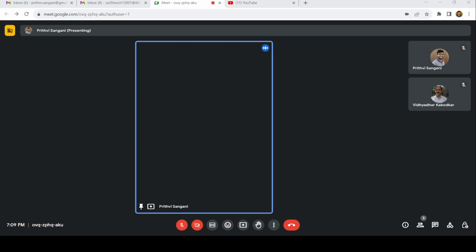Let me start with truss 1. Let me draw it again, neatly. So this is my truss. This is my member, this is 10, 20, 15.